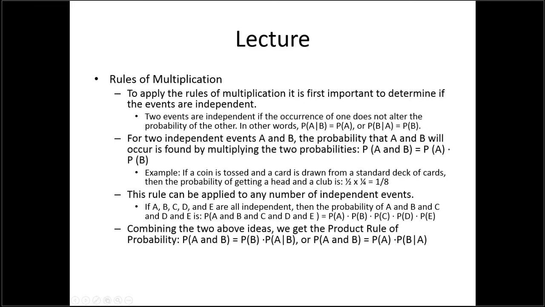If you take this equation here, the probability of A given B, or the probability of B given A, and you substitute it into this equation here, what you get is that the probability of both A and B happening is the probability of B times the probability of A given B, or the probability of A and B is the probability of A times the probability of B given A. And this will be important down the road when we talk about Bayes' theorem.